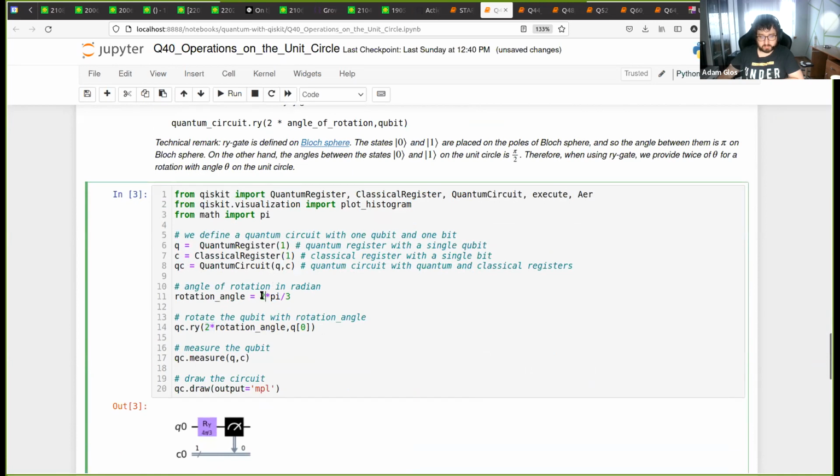Another remark is that instead of using degrees, we are using radians. This is just a different way of writing degrees, and 180 degrees corresponds to 1 pi radian. If you, for example, want to divide degrees by 3, then you do the same with pi. These are just proportional.